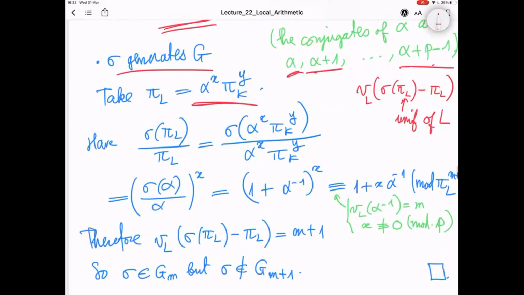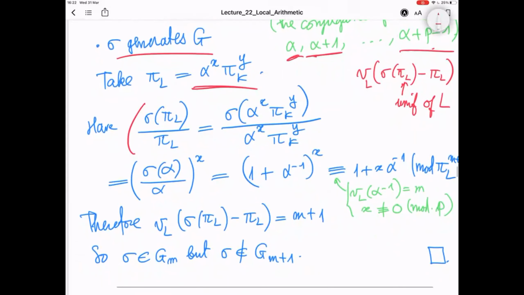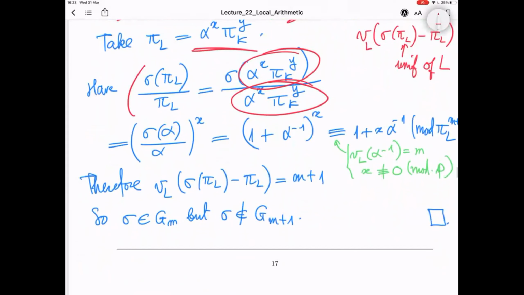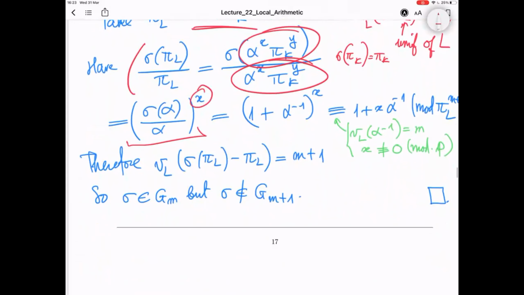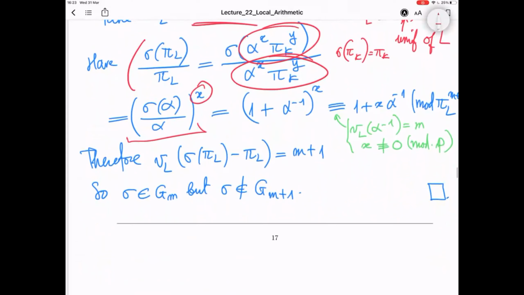So let me compute sigma pi_L upon pi_L. Sigma of pi_L is this thing, I just plug it in. So sigma of pi_K is of course equal to pi_K. So this pi_K disappears, and all I'm left with is alpha and this power x here.